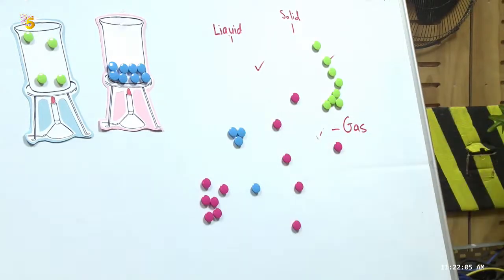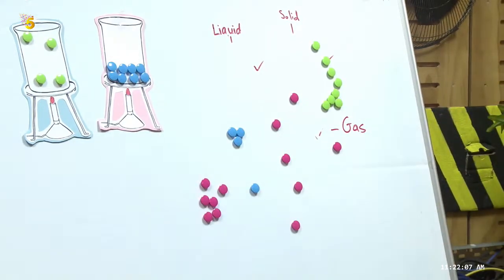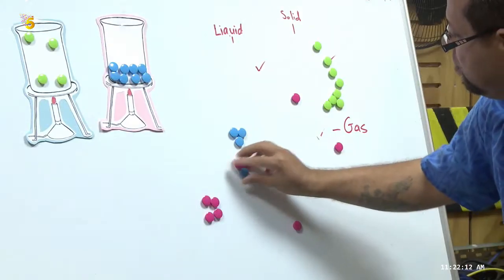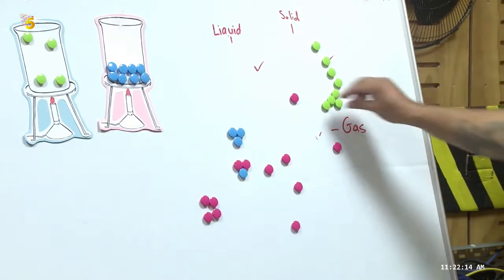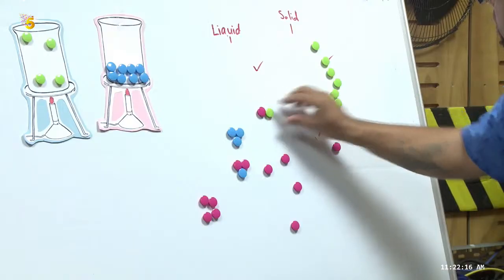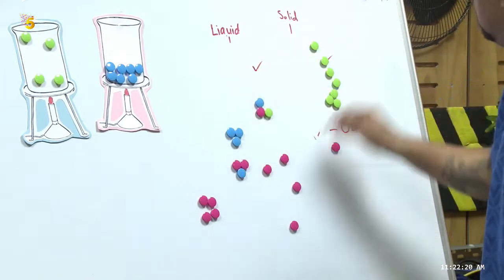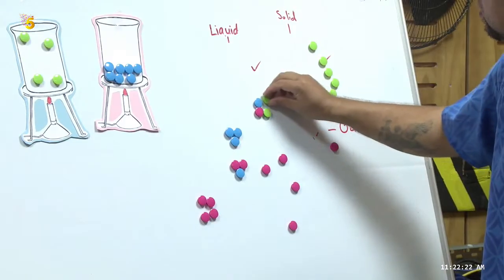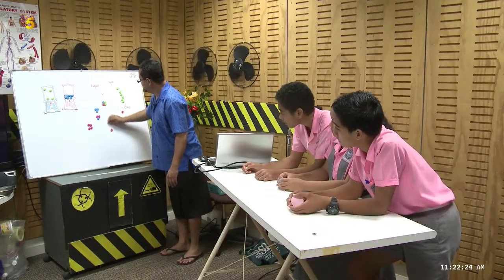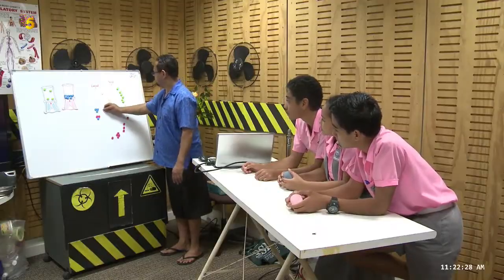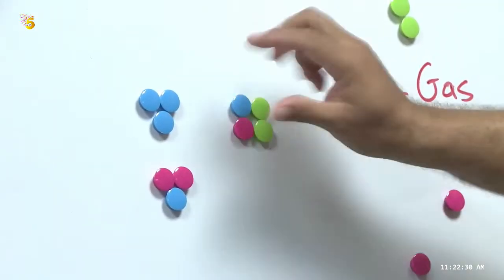What shape is that? Triangle. What shape is that? Triangle. And this one? Square.